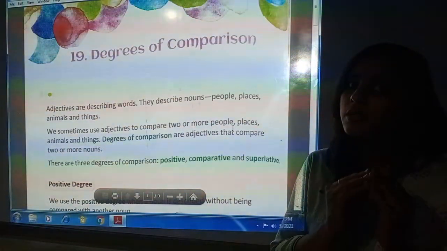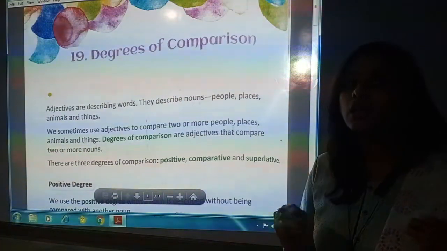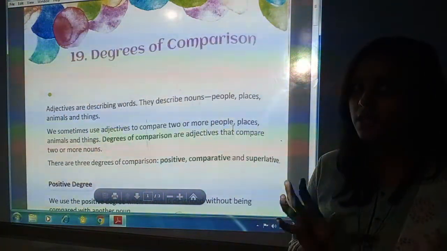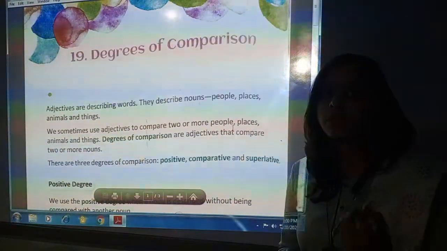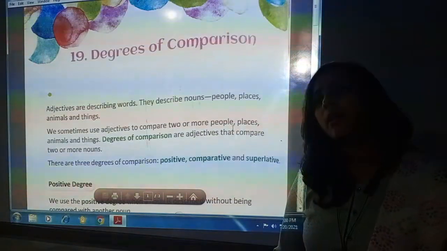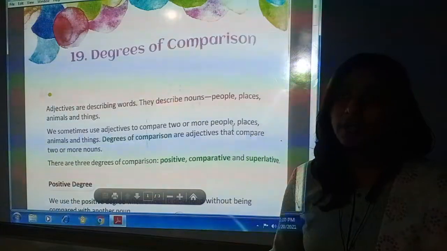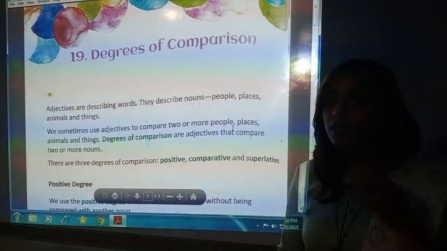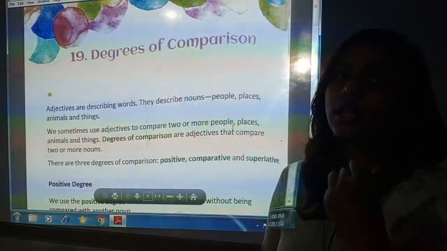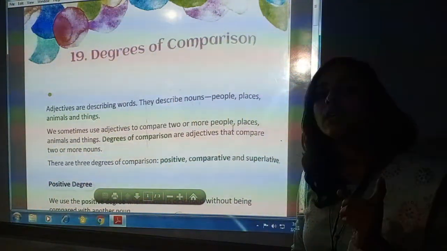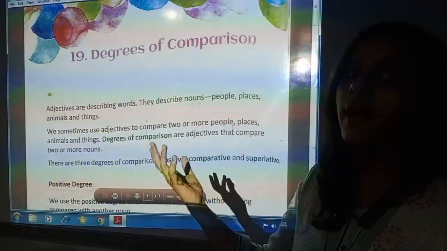In that we are going to see the adjectives only, but the comparison will be made in 2 or more things by using those adjectives, so that you can understand better about the quality of that particular noun. If I say that the girl is fair, you will understand, okay, the girl is fair. If I compare the girl with something, such as the girl is fairer than that boy, so you will understand, yes, if I see that boy, then the girl is more fair.